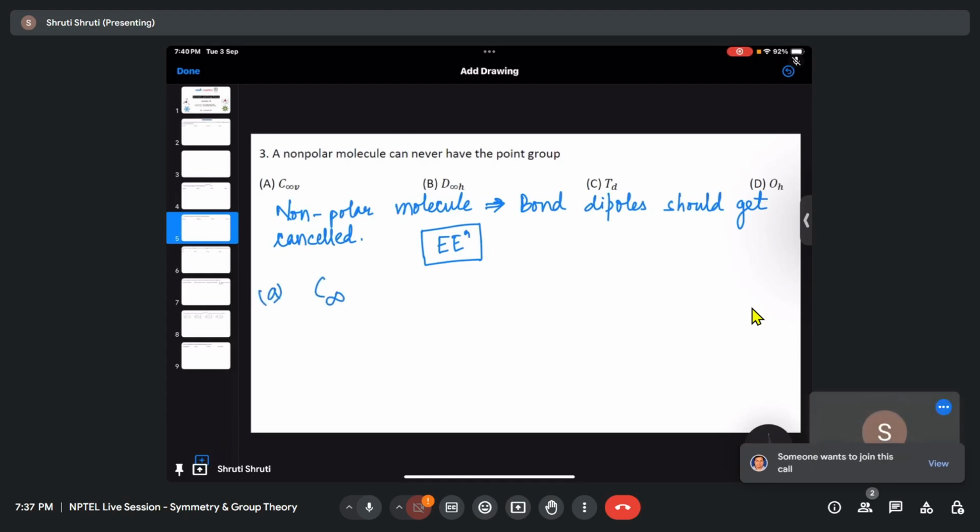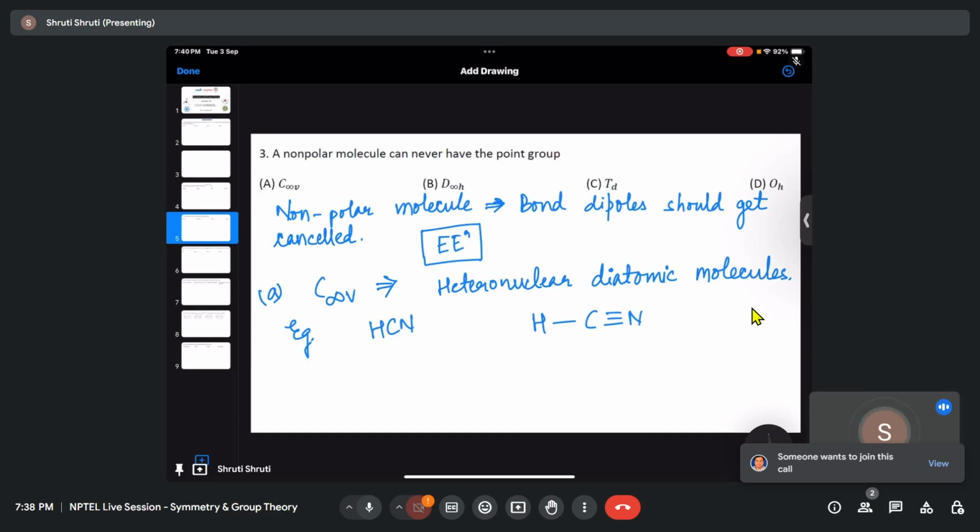Now for C infinity V, you get this for heteronuclear diatomic molecules. Example, HCl. So you have H, Cl, which lies in a line.